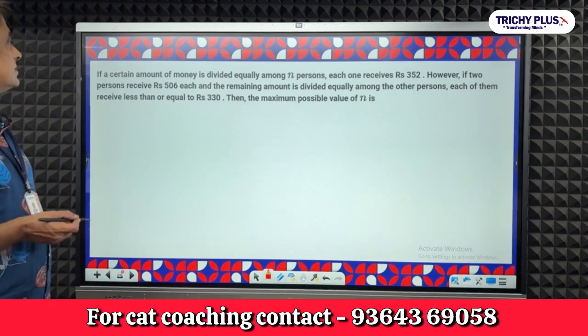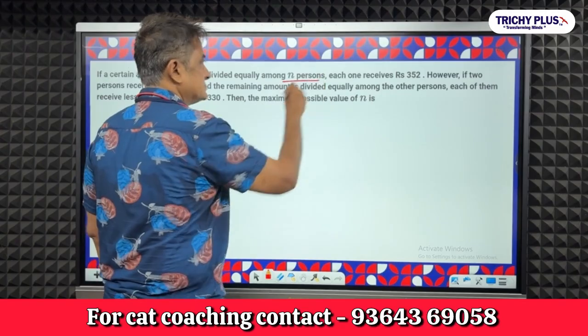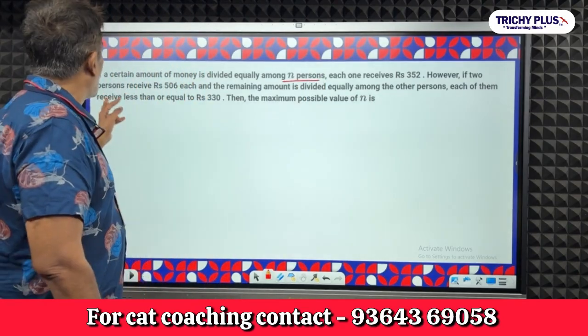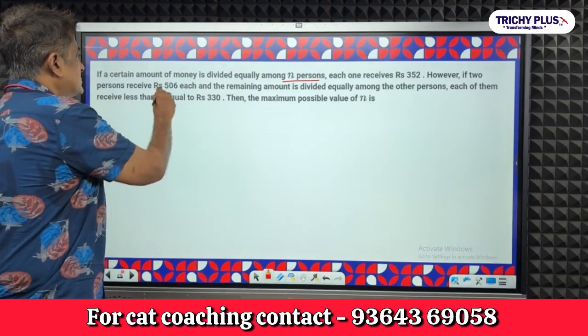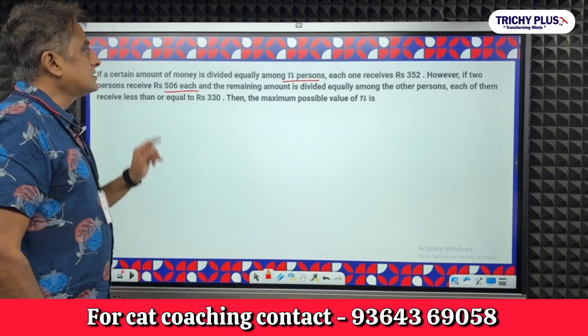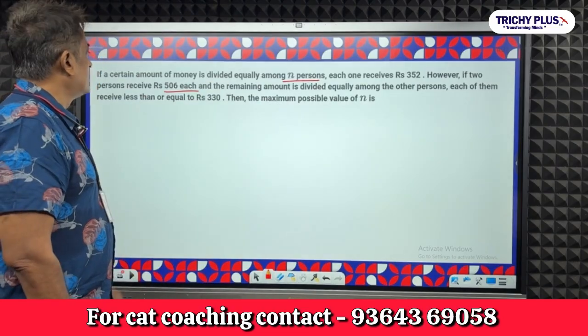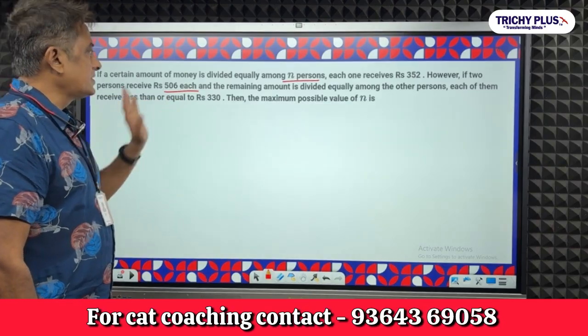Now look at this. A certain amount of money is divided equally among n persons. Each one receives 352. However, if 2 persons receive 506 each and the remaining amount is divided equally among the other persons, then each of them receives less than or equal to 330.